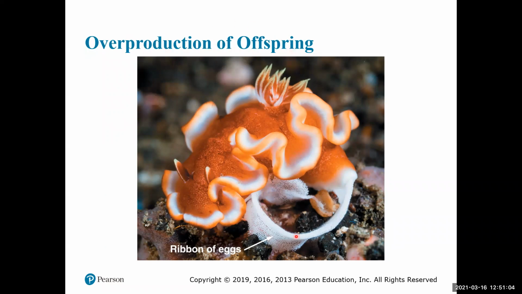So basically they'll produce hundreds of thousands of eggs because only a small percentage of their offspring will survive. Or you'll see species putting a lot of energy in parental care to make sure their one or two offspring survive. And so there's very different traits, very different life history strategies that species use to ensure that their offspring are going to survive and that their genes will be passed on to the next generation.